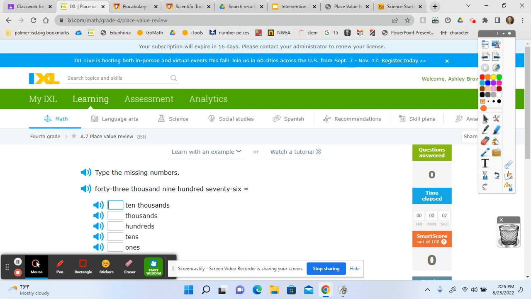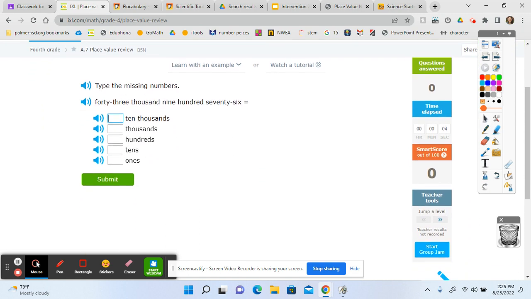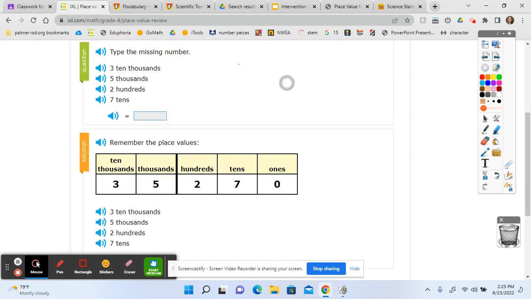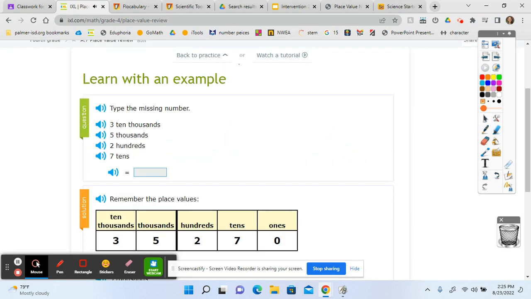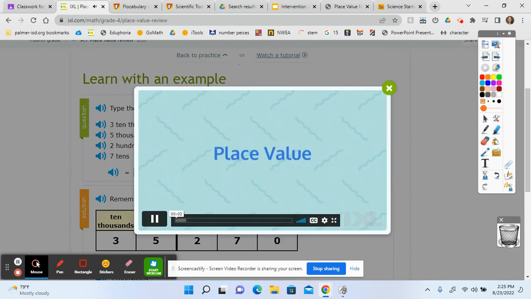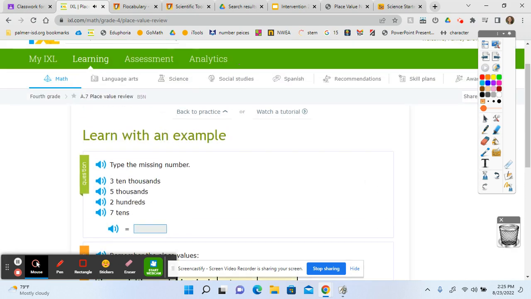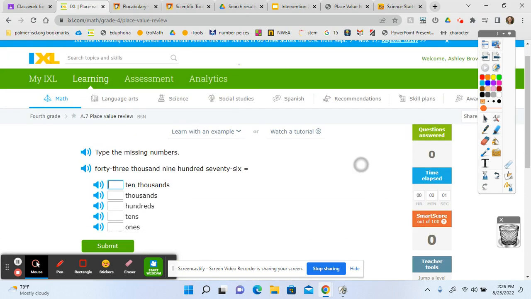Okay. If you get stuck and you need some help, you can click down on this learn with an example. They'll show you an example of how to do those. Or you can click this watch a tutorial up here and they will also show you how to do this. Okay. So I'm going to go back to practice and look at this first one right here.